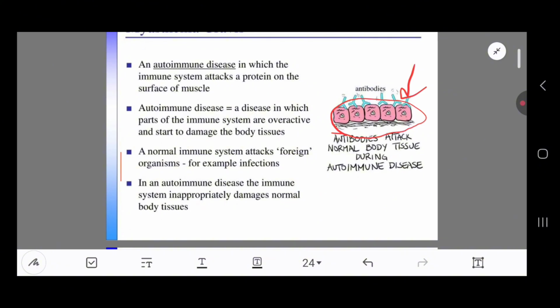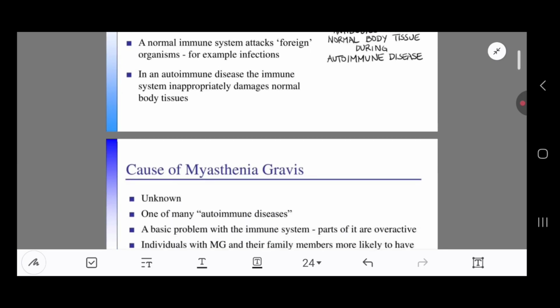An autoimmune disease is a disease in which parts of the immune system are overactive and start to damage the body's tissue. A normal immune system attacks foreign organisms, for example, infections. In autoimmune disease, the immune system inappropriately damages normal body tissue.